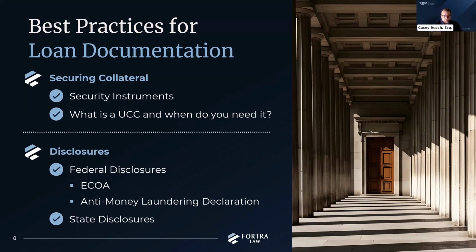Now, a UCC1 is going to be used for, say you have a restaurant that you're going to perfect a lien against. That restaurant has personal property, so not just the stoves and the grills, but tables, chairs, and if there's a cash register system, nowadays they have those scanners for your credit cards.